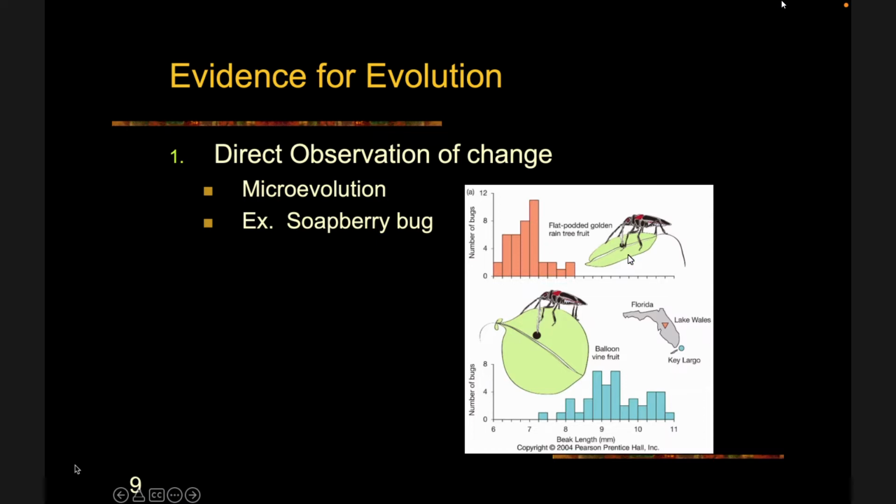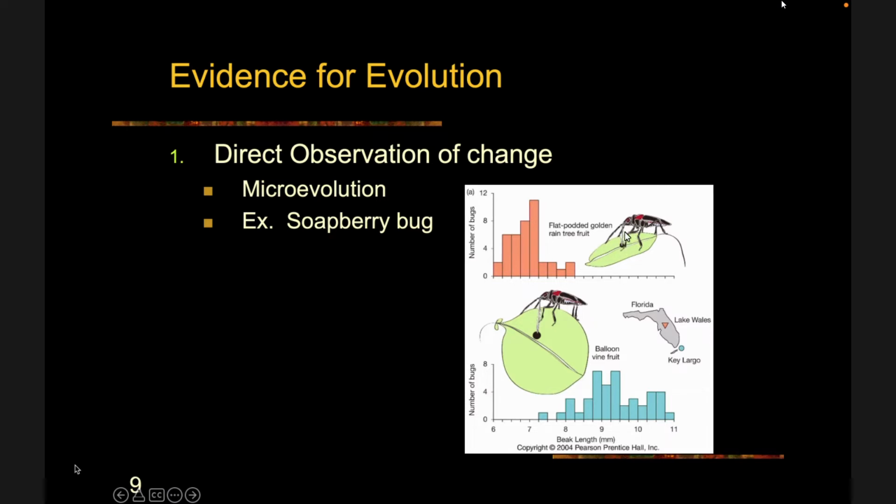However, one of the problems is that the fruit has a different shape, and therefore individuals that have real long beaks, which would survive just fine in Key Largo, had beaks that were too long, and they were eliminated because they could not feed on this fruit; their beaks would go all the way through. This change from one host plant to another led to a selection for individuals that had shorter beaks.